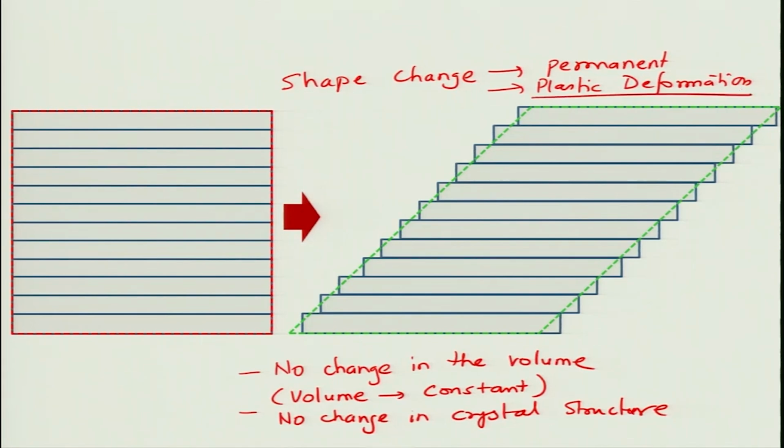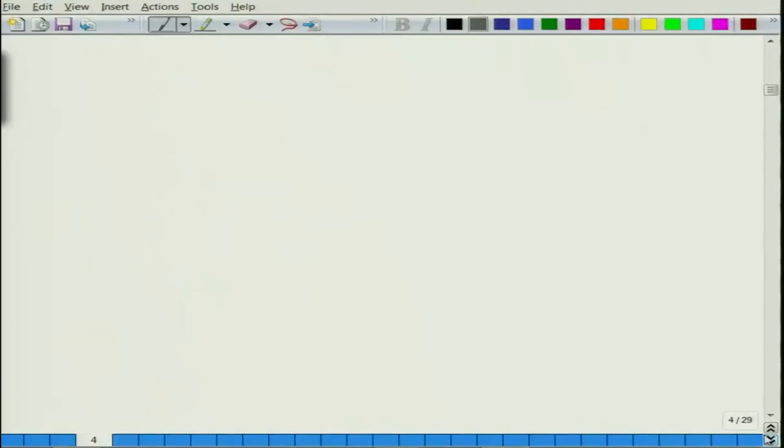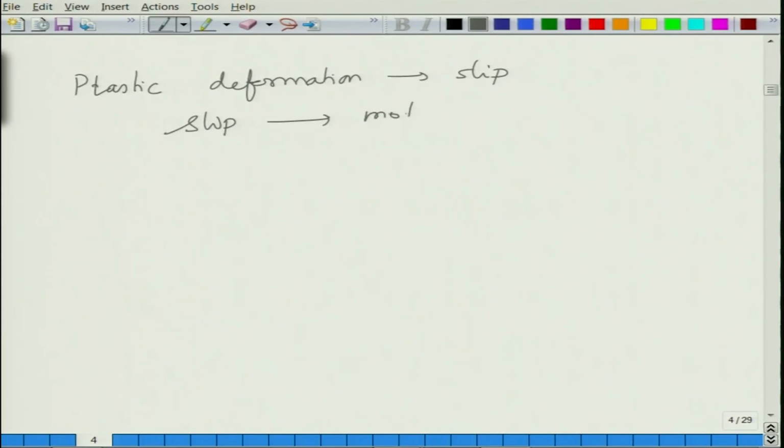Okay. And so, essentially, just to summarize, we say plastic deformation happens by slip, and the slip takes place by motion of dislocations, because the theoretical strength for slip is very large, that is not practical.